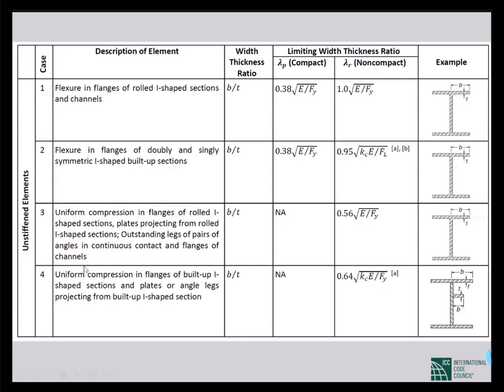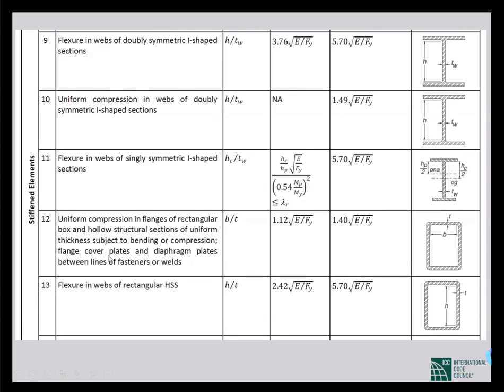Now, one thing I want to mention is that in this table, both unstiffened elements and stiffened elements are tabulated, but there is a mistake in BNBC 2020. The mistake is that there is no line dividing these two types of elements. Actually, in this slide, you see the first one is number 9, and the top margin of this cell should have been continued at the very left cell.